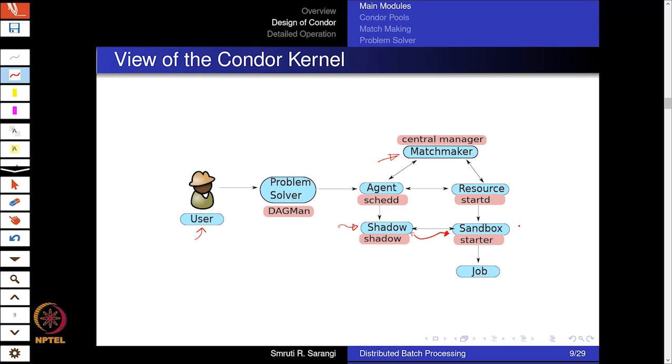We can think of the sandbox as a secure software environment that runs the job. The main aim is that the job cannot maliciously access the resources or the access features of the resource, and the resource cannot harm the job. So it's a two-way sandbox.